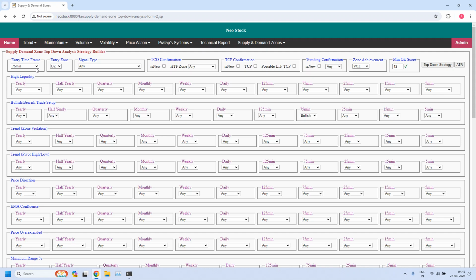Okay, now let us generate bearish trade setup for weekly income trade. So entry time frame is 75 minutes, but the entry zone should be supply zone. In bullish or bearish trade setup parameter, for 75 minutes time frame, you need to select the value bearish. And remaining filters same, no pierced zones, zone achievement should be violated opposing zone, VOZ, and the minimum odd enhancer score should be 12.